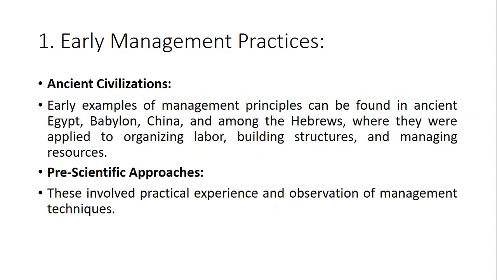In ancient civilization, there was no such modernization. Only manual manpower and animals were used for doing highly complicated jobs, say building tall structures. Whereas pre-scientific approaches involved practical experience and observation of various management techniques.